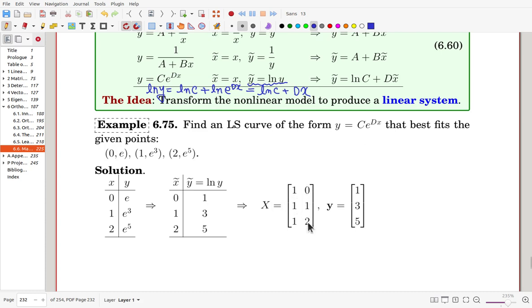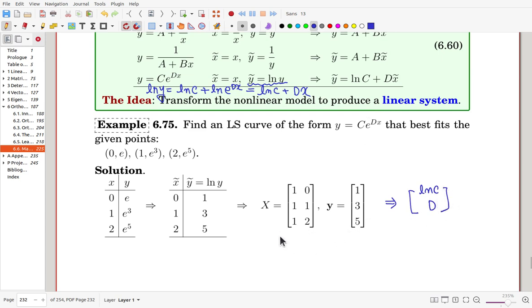This is the collection of x values, and this is the collection of y values. Exactly from here we get that. Now we have to solve this one. The solution will be logarithm c and d.